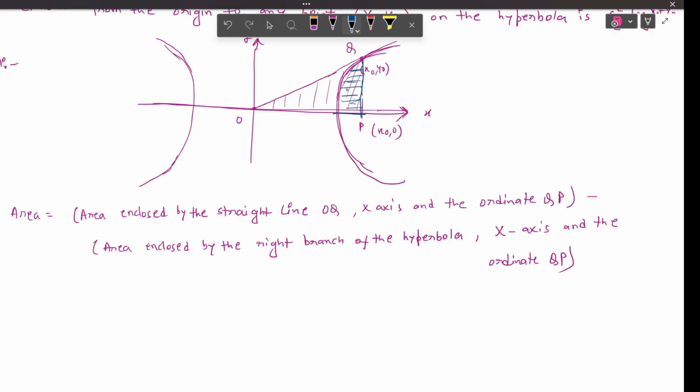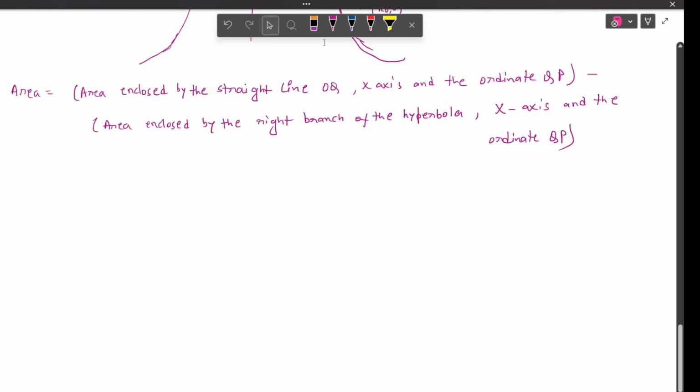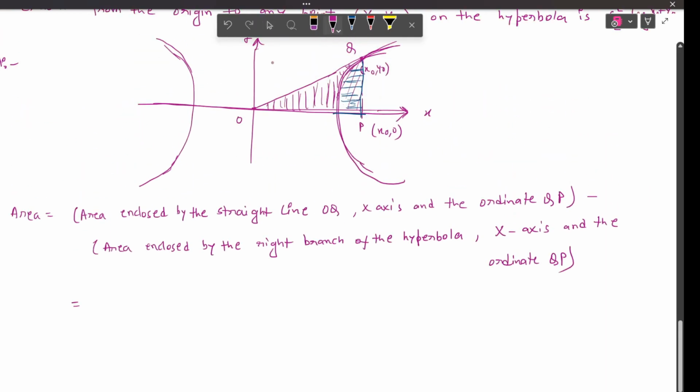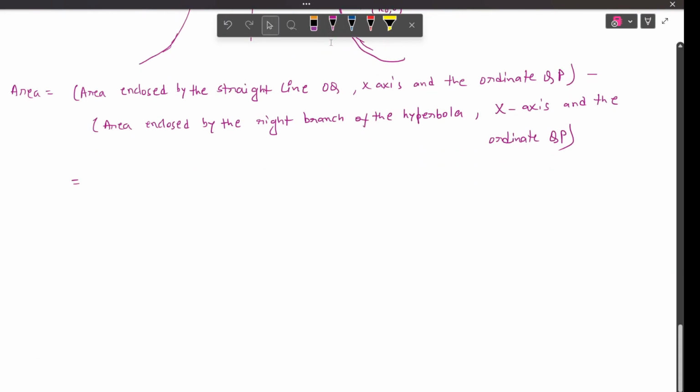That means you have to subtract this area to get this much area. We need this much area. So limit is from 0 to x naught. So integration 0 to x naught y dx.